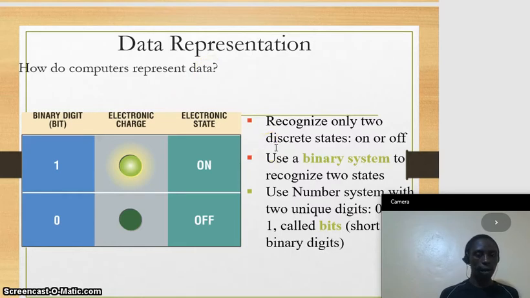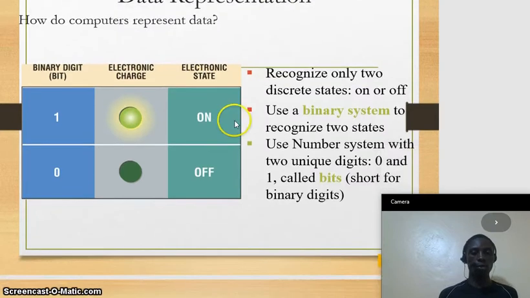So it recognizes only 2 discrete states, only on and off. So that is what the computer recognizes, only on and off. One can say 1 or 0, yes or no.